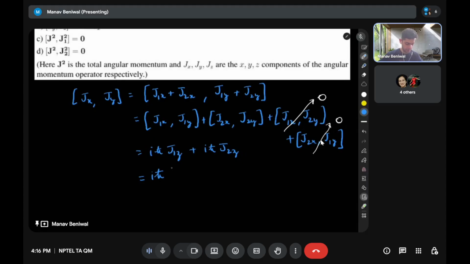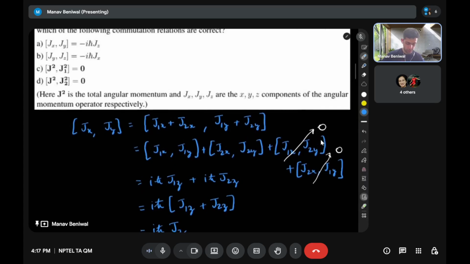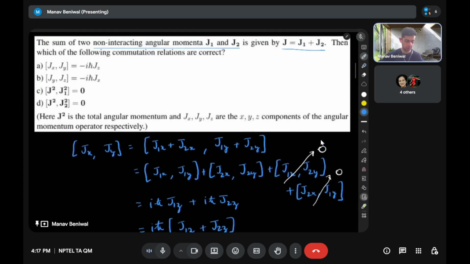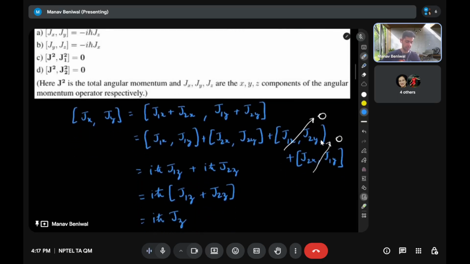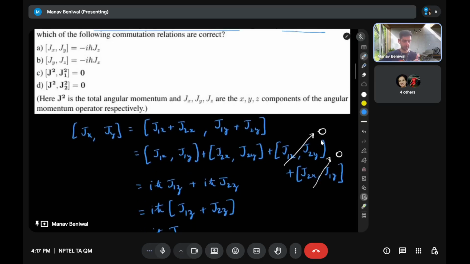We can take this outside and write J1z plus J2z, and we know that J1 plus J2 is total J, so we can write it simply as i h-cut times Jz. So if we look at our option A, there's an additional minus sign. We have i h-cut Jz and they have minus i h-cut Jz. So this in fact is not correct.